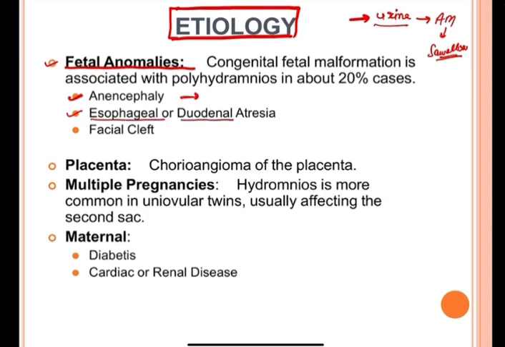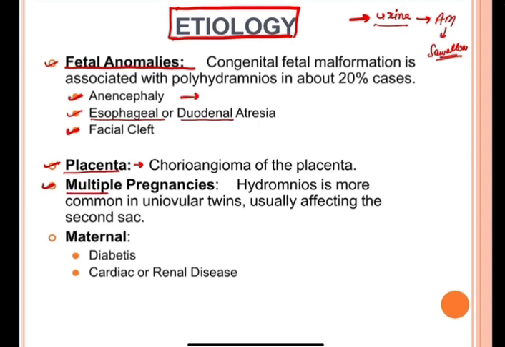If the esophagus or duodenum are not formed properly, the baby will not be able to swallow the amniotic fluid. That leads to polyhydramnios. Facial cleft or cleft palate also leads to polyhydramnios. Problems related to the placenta. Chorioangioma of the placenta, some kind of tumor, leads to excess formation of amniotic fluid.